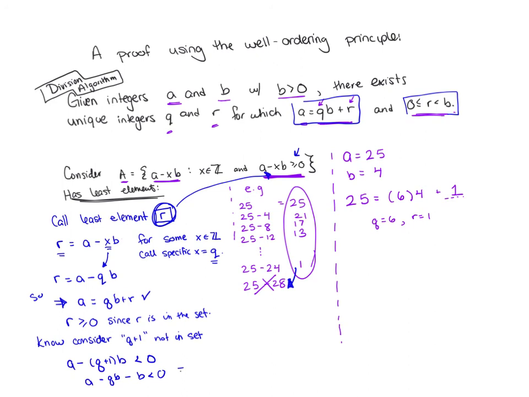So therefore, my a minus qb is less than b. But that a minus qb, that's just my r, so we really do get that r is less than b. So this is sort of a complicated explanation, right? But we are able to use this well ordering principle to show these more complicated things. So I wanted you to see that.